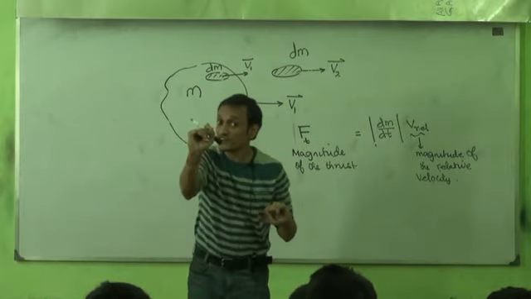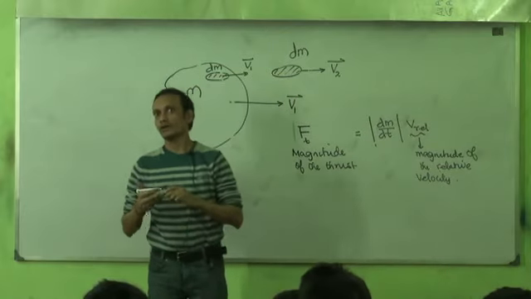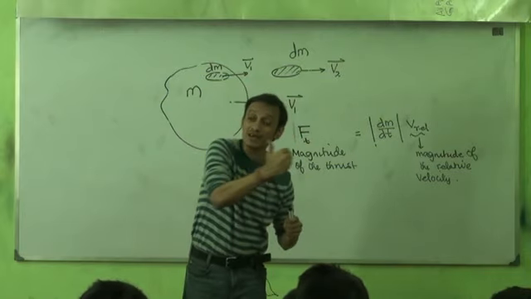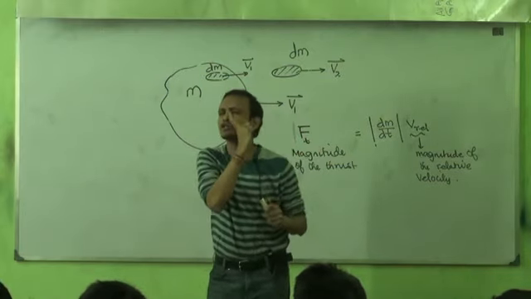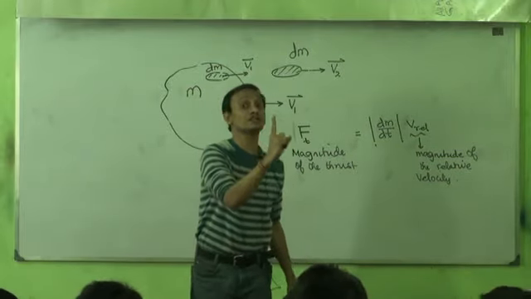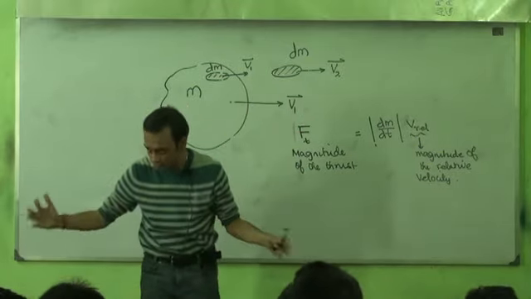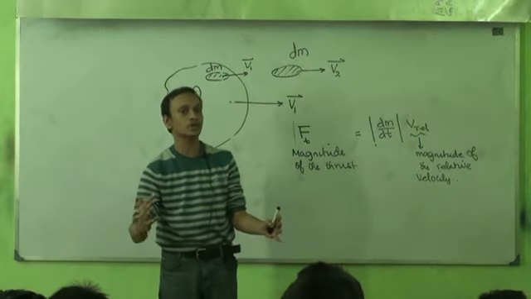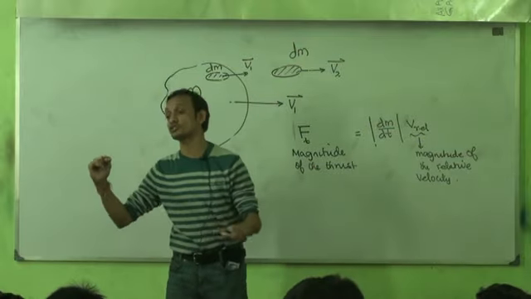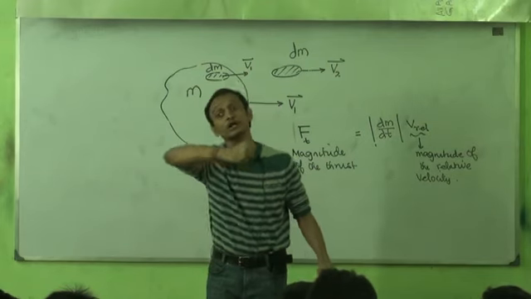And as far as the direction is concerned, you just need to remember what I made you write. If it's a variable mass system with an increasing mass, then the direction of the thrust acting on the system would be the same as the direction of the relative velocity of the mass that is being inducted into the system.